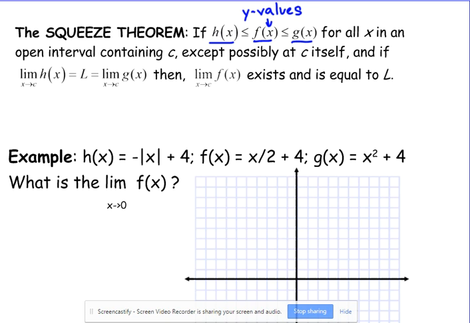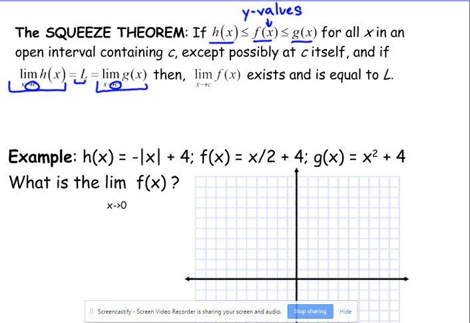And here's the other condition. If the limit as x approaches c of h of x is L, which is the same as the limit as x approaches c of g of x. So that means at this c right here, h of x and g of x have the same limit. We're just going to call it L to keep it in general terms right now.